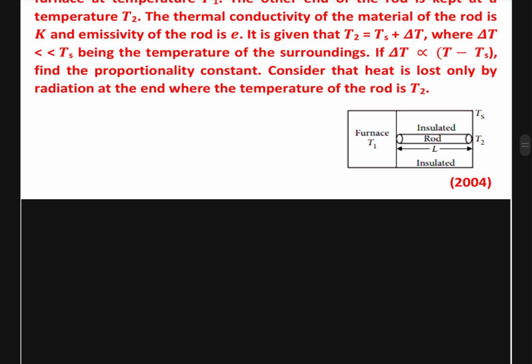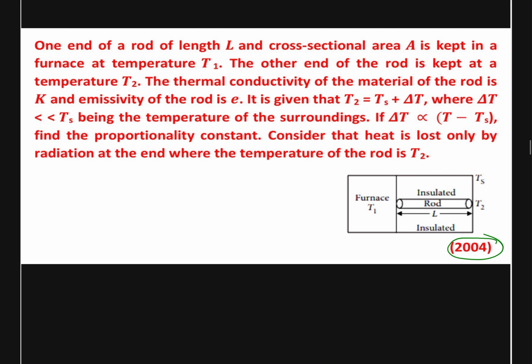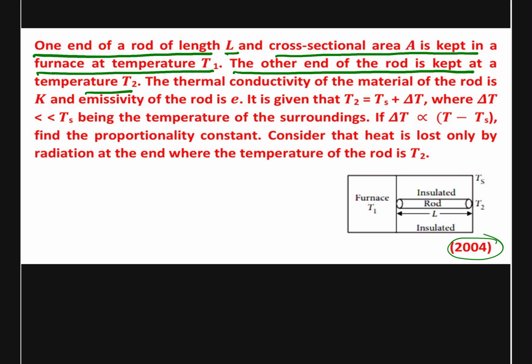It was asked in the year 2004, and it states that one end of a rod of length L and cross-sectional area A is kept in a furnace of temperature T1. The other end of the rod is kept at a temperature T2.